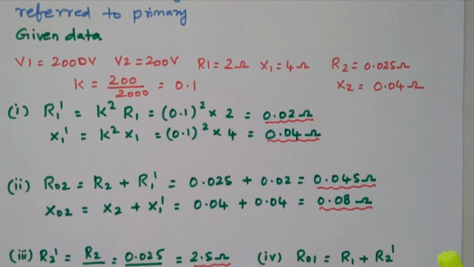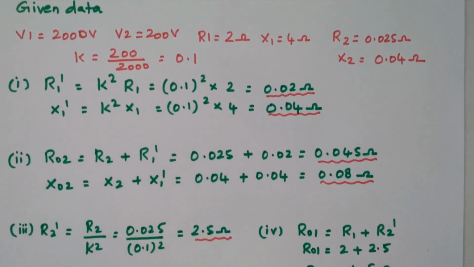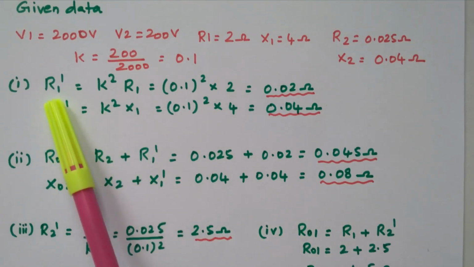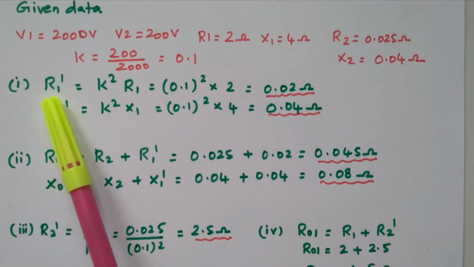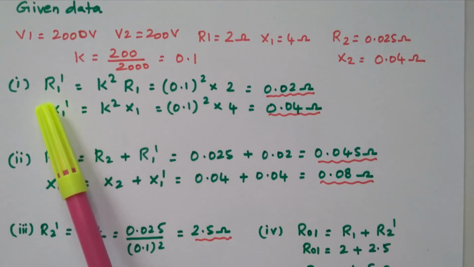Now, we will go to the first one. The first one is the equivalent resistance and reactance referred to the primary winding, referred to the secondary: R1 dash and X1 dash. R1 is the resistance of the primary; R1 dash means it is transferred to the secondary side.